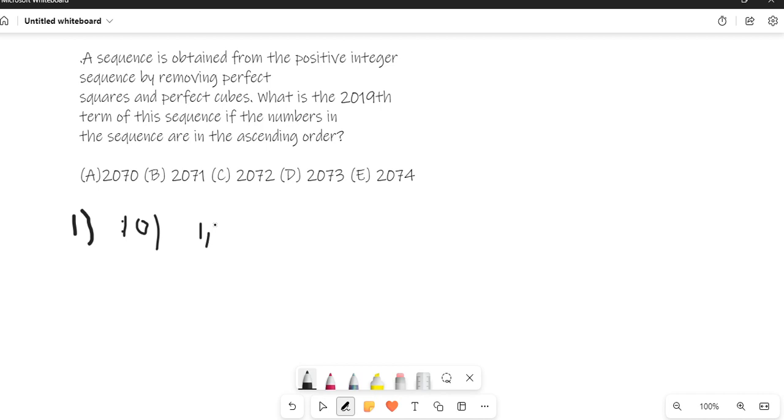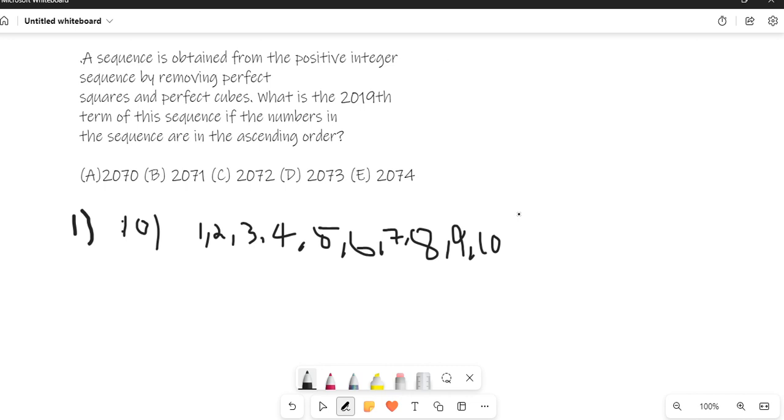1, 2, 3, 4, 5, 6, 7, 8, 9 and 10. Okay, so before 10, how many perfect squares are there?